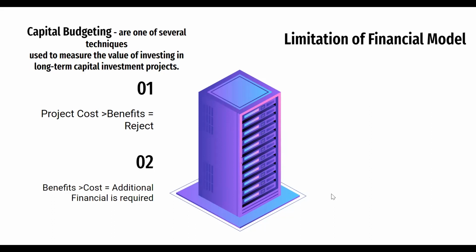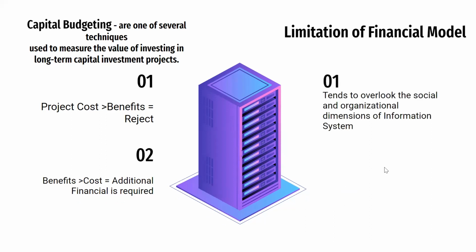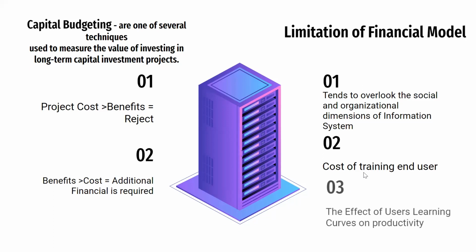So it tends to overlook the social and organizational dimensions of the information system that may affect the true costs and benefits of the investments. The financial model also overlooks the cost of training end users and the effect of users' learning curves on productivity.